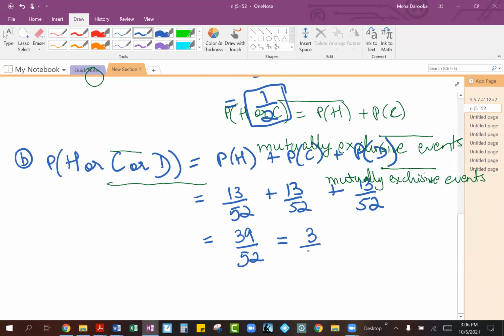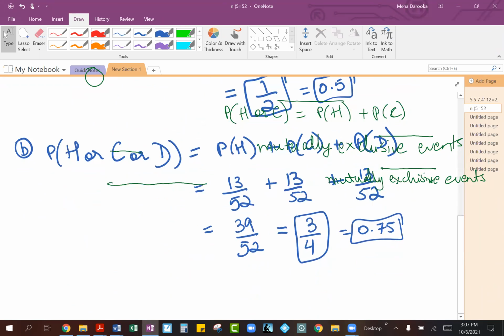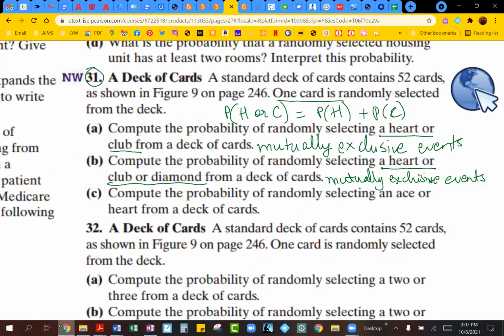So this will reduce down to 3/4, or as Dennis mentioned, in a decimal, of course, you're looking at 0.75, which I guess this guy as a decimal could be 0.5, because you're looking at 3 out of the 4 suits, so 3/4. Okay, so these were all mutually exclusive events. Now let's see if part C is the same thing.